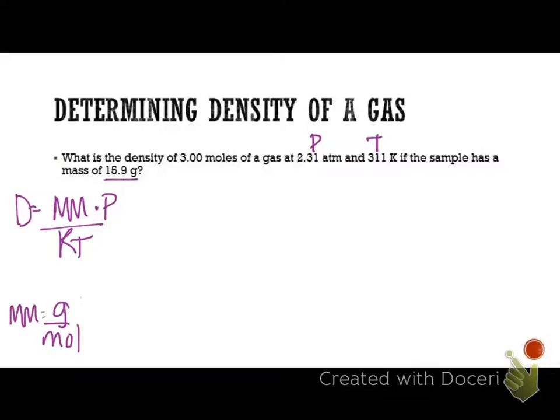So they gave us grams right here, 15.9 grams. And then they gave us moles, 3 moles. So our molar mass is 5.30 grams per mole.